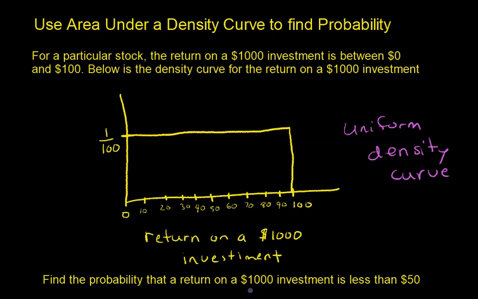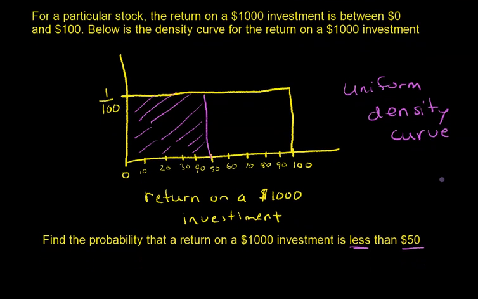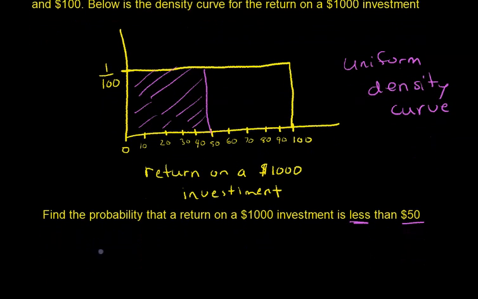Find the probability that a return on a $1,000 investment is less than $50. Here's $50, and less than $50 would be all these possible values from 0 to 50. I just need to find that area, and that area will be equal to the probability. If x is the return on a $1,000 investment, then the probability that x is less than 50 is the area of this purple box.